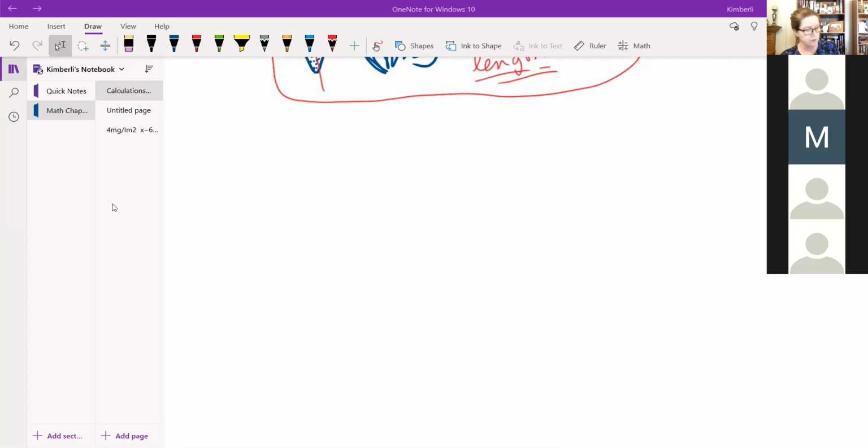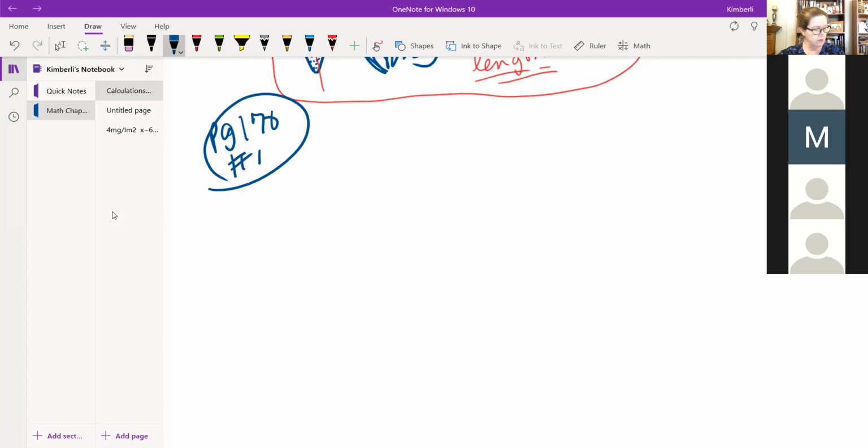Okay, so let's look at practice problems A, number 1 on page 170. It says the medication order is for phenobarbital elixir 60 milligrams PO, so it's an oral medication, QID.